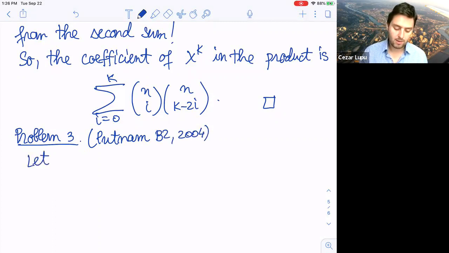Again, an easy one. Let m and n be positive integers.